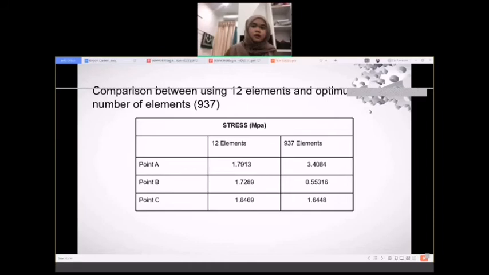And for point C, the one using 12 elements is 1.6469, and the one using the optimum number of elements is 1.6448. So this proves that using a different number of elements will show different results, whether it is accurate or not in our study. Next one, please.